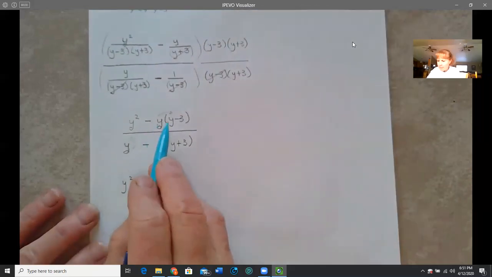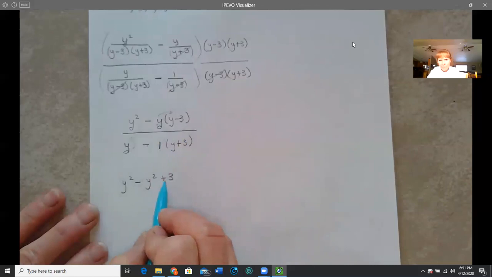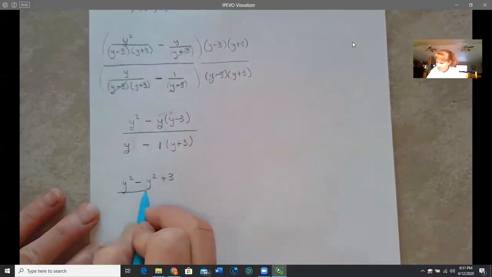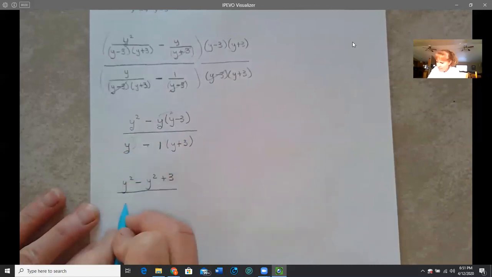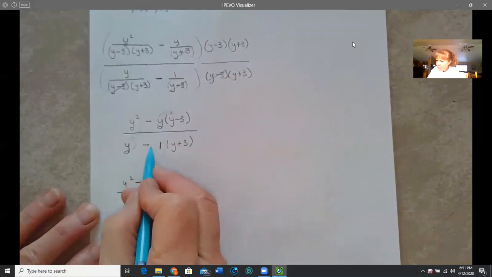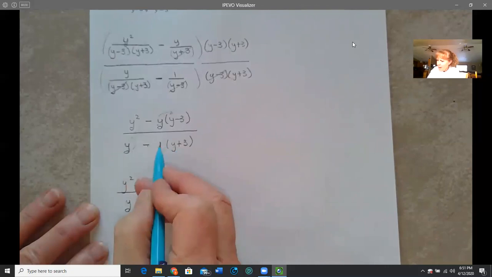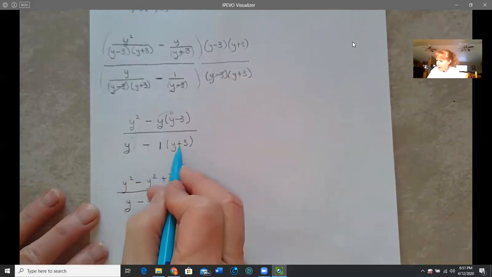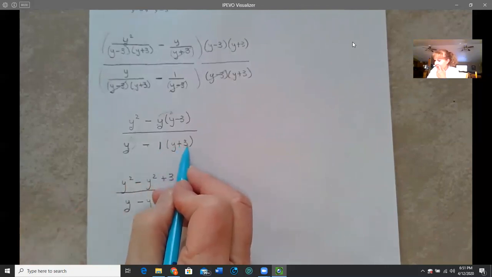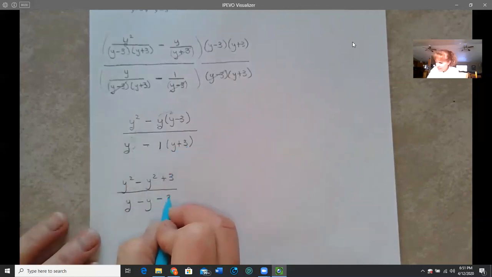Minus y times a -3 is a +3. Let's go to the denominator. We have a y. -1 times y is a -y. A -1 times a +3 is a -3.